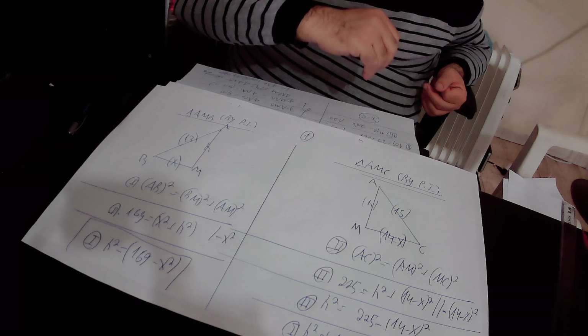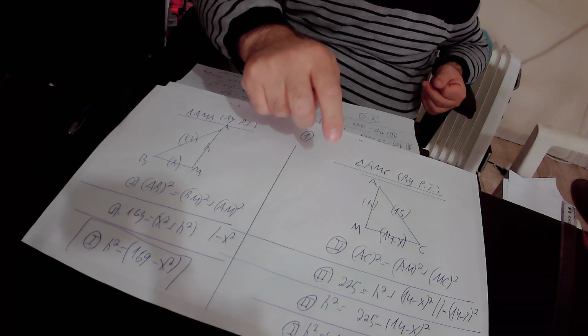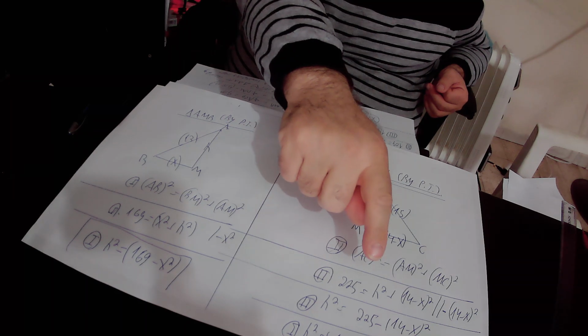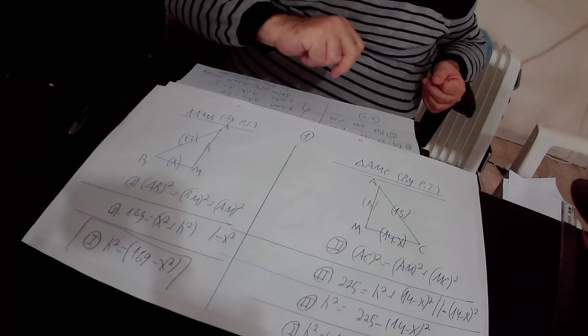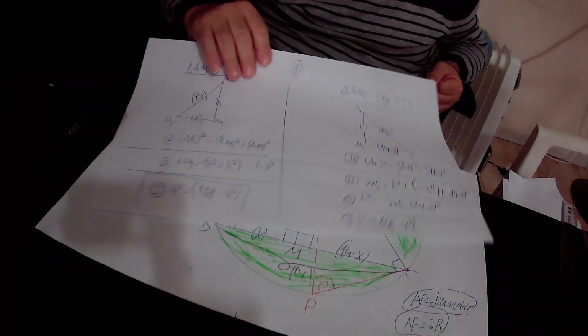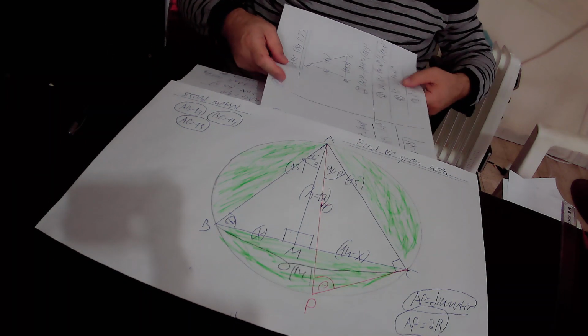This is according to equation number 2, but according to equation number 1, we already found out that h squared equals 169 minus x squared. So we have two different expressions for h squared. Therefore, we created equation number 3.